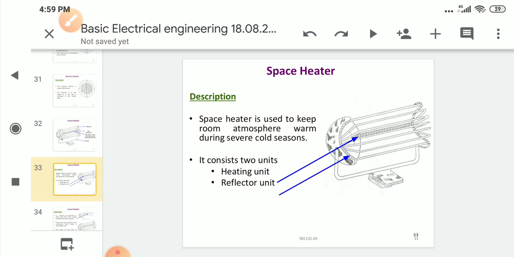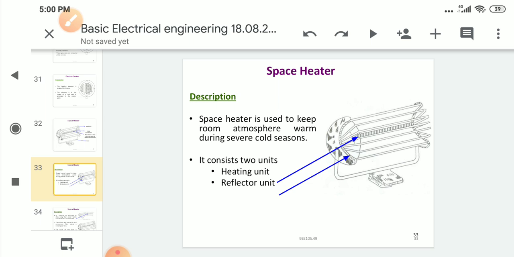Let's see. These have two units: one is a heating unit and the second is a reflector unit. These are of two types, rod type and bowl type. In this rod type room heater, the heating element used is rod type.